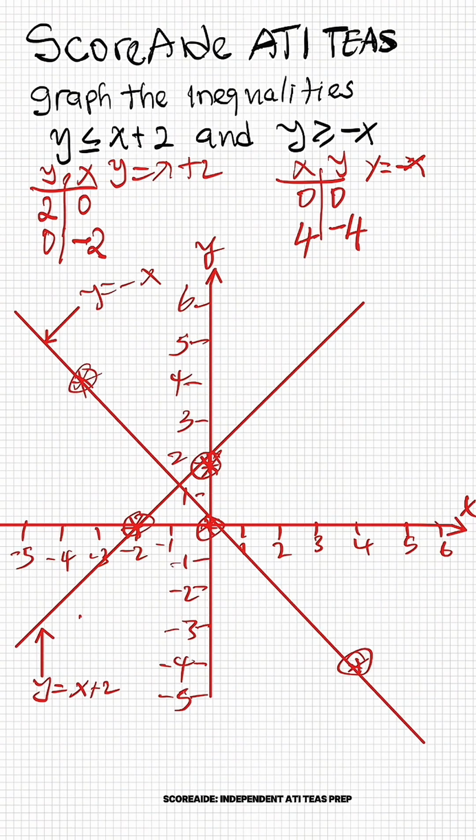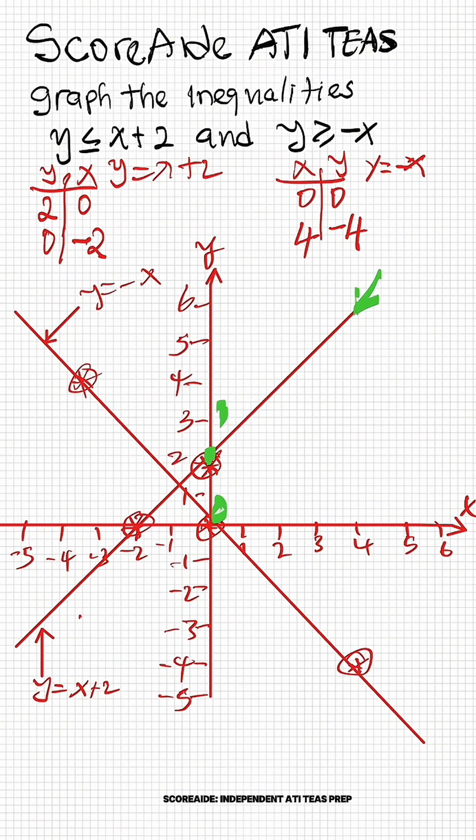Now, let's look at the region that satisfies the inequality. This is the line y equal to x plus 2. Now, if you pick the value of y here to be 0, and you pick the value of y here to be 3, which one do you think is bigger? You see that 3 is bigger than 0.